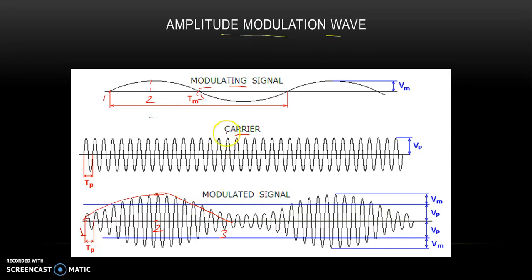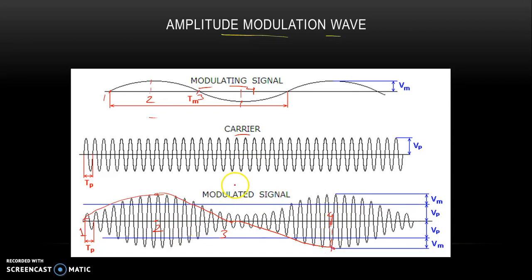From 3 to 4 it is increasing in the negative direction, so our signal will also increase in the negative direction.